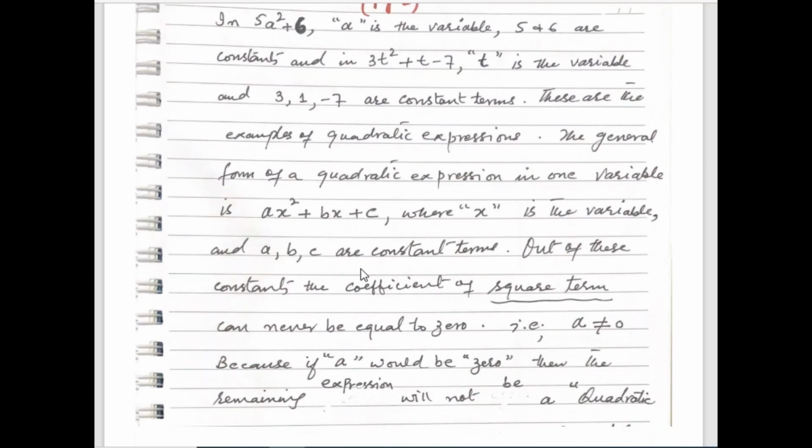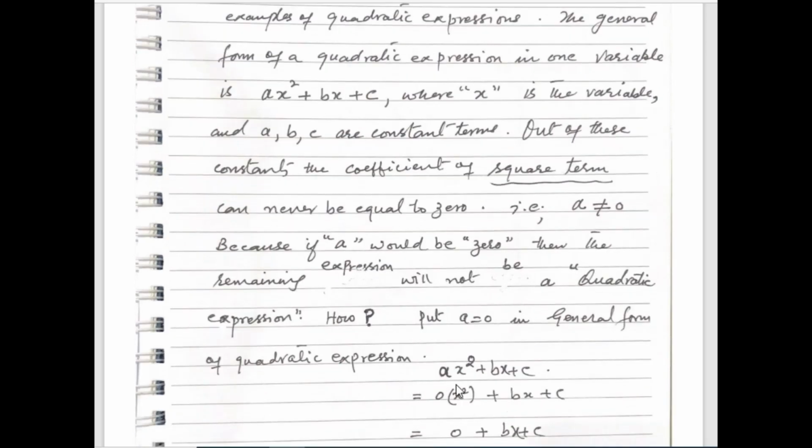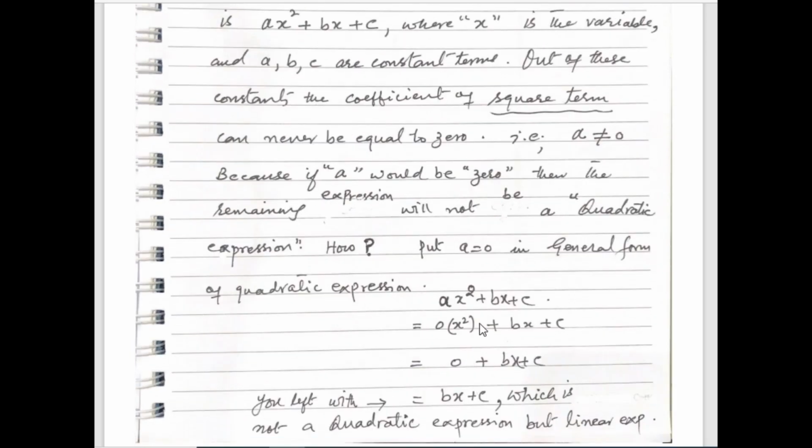Okay, I have proved it by putting 0 in the general form. Look up, come to the last lines. Write down ax square plus bx plus c and put a equal to 0 over here. You will come to know that 0 multiplied by anything is 0.